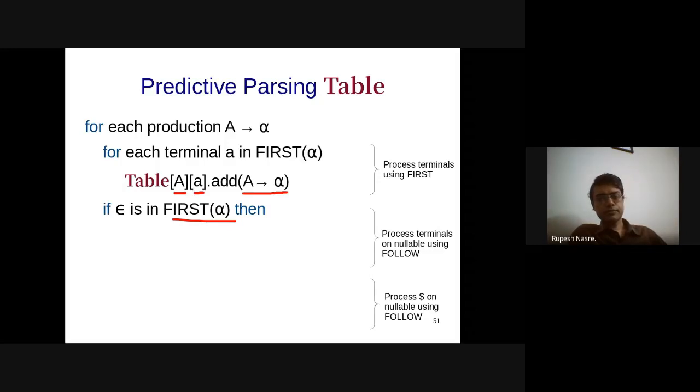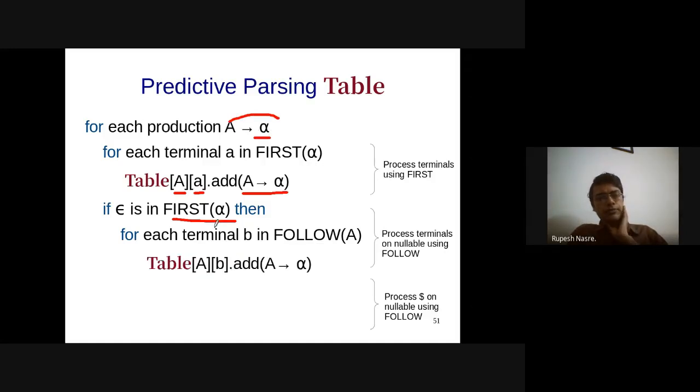Yes, it should be the follow set of A, because alpha is deriving epsilon. And therefore we have to look at the follow set of A. If b is in the follow set of that, then we are going to add A deriving epsilon. This is similar to what we saw, for example, E prime deriving epsilon and so on.